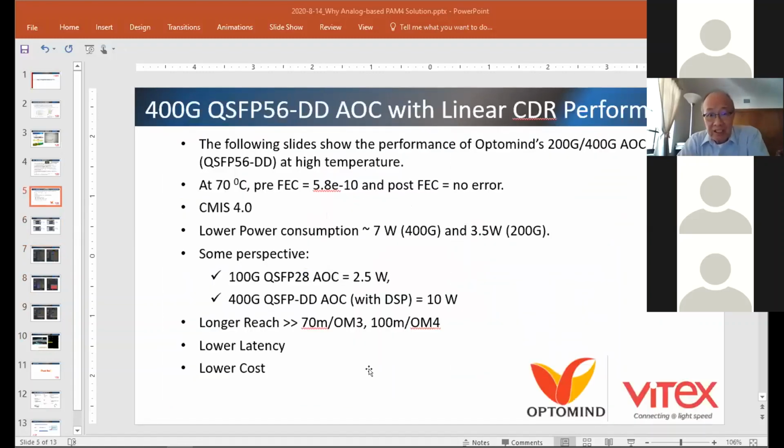So I want to emphasize again, at 70 degrees C, post-FEC is no error, and it can go 100 meters on OM4, and also the lower power consumption of 7 watts, and low latency, low cost.